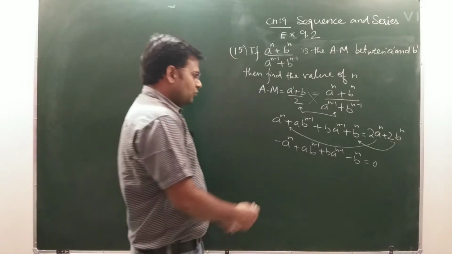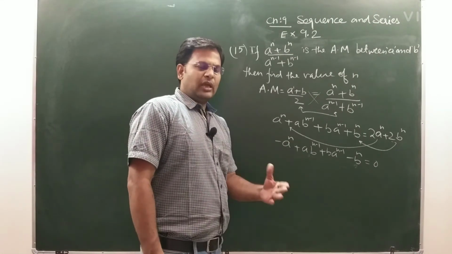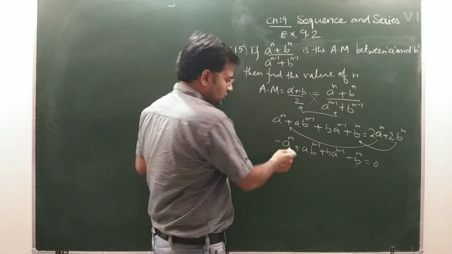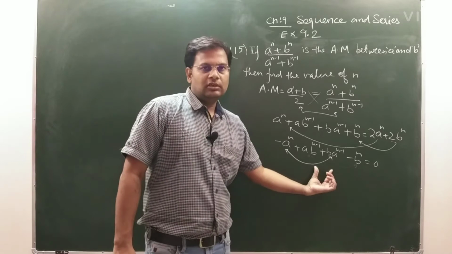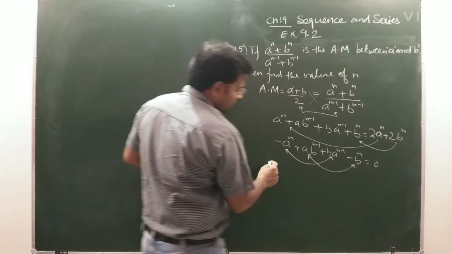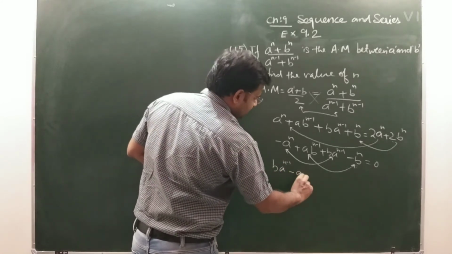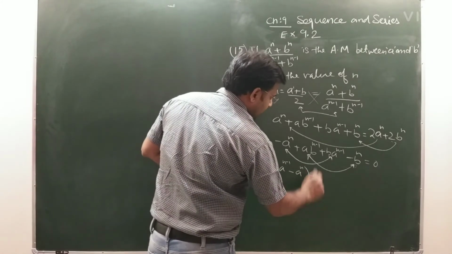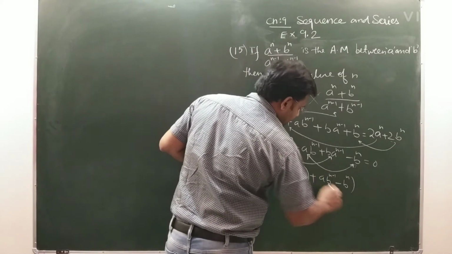Now you can take these 4 terms and make groups of 2 terms in such a way that you will get factors, and if I take them together, then see what happens. I'm taking ba^(n-1) minus a^n in one group, and ab^(n-1) minus b^n in one group.